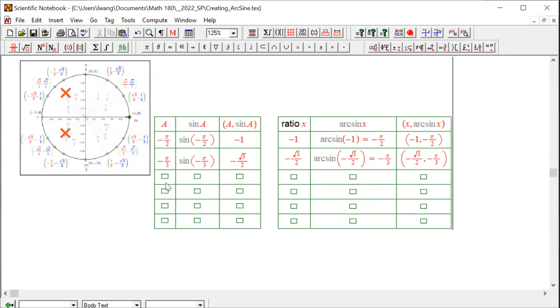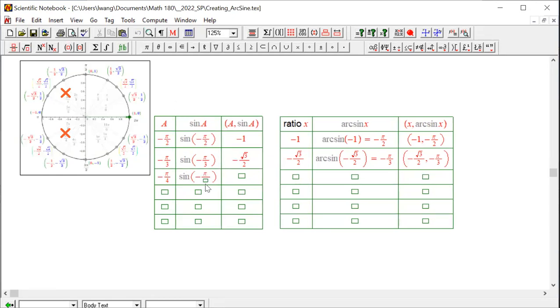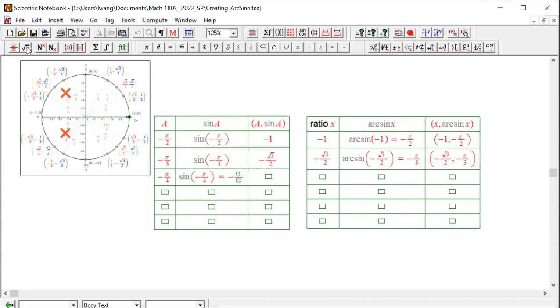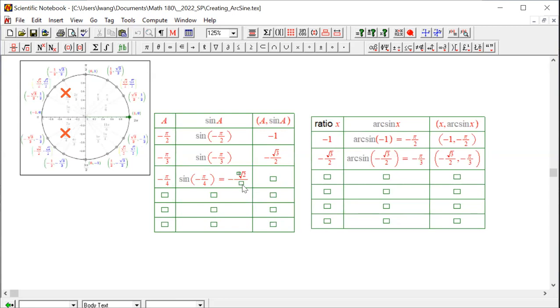Next, of course, is -pi/4, sorry. Sine of -pi/4 is going to produce -√2/2.